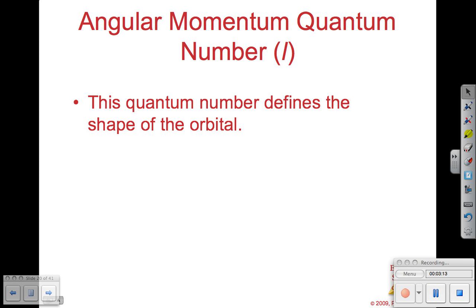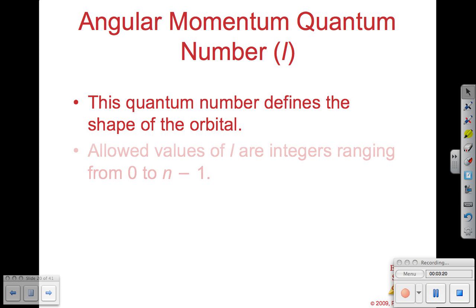The next one is the angular momentum quantum number, indicated by l, and it defines the shape of the orbital. So l defines whether it is an s subshell, a p subshell, a d subshell, or an f subshell.